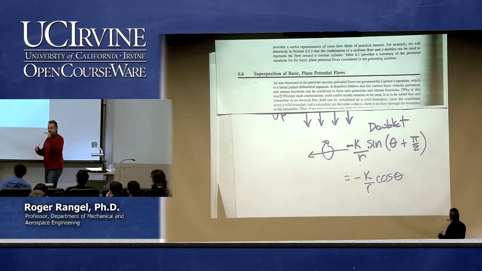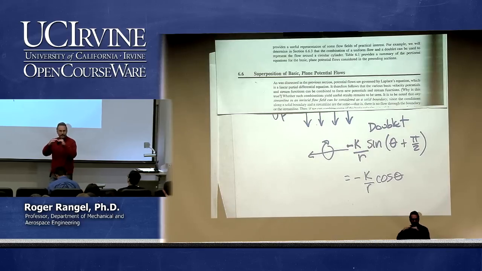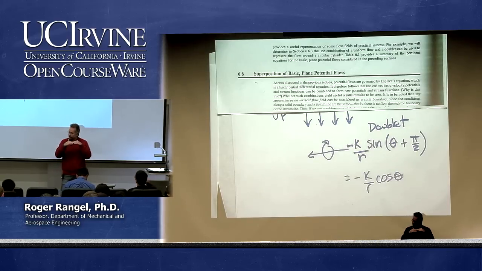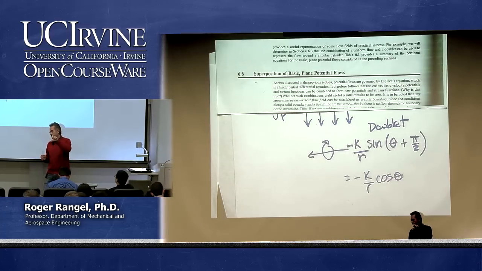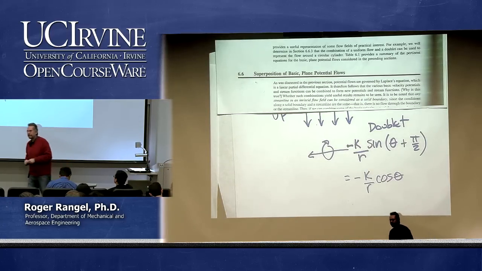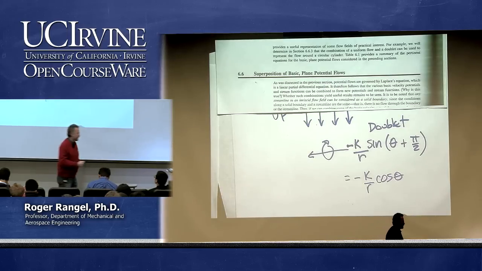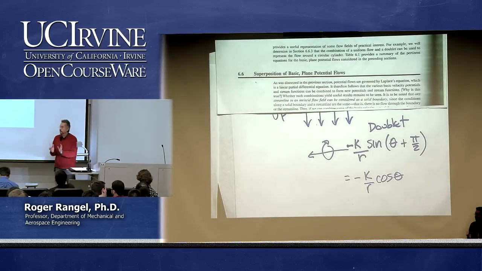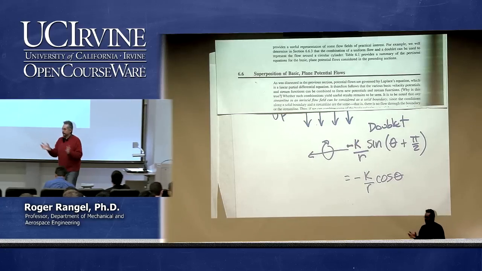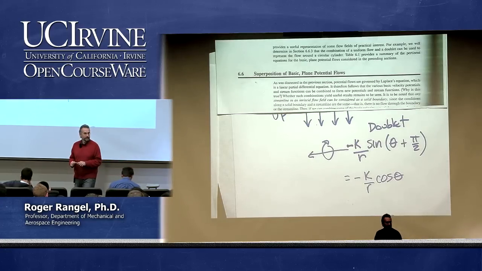The doublet with sine theta is the horizontal doublet that we built the first time, but if I want the doublet to have another direction, it just becomes a cosine. So these are manipulations that you can do to the basic potential flows to suit whatever situation you want to analyze, all right?